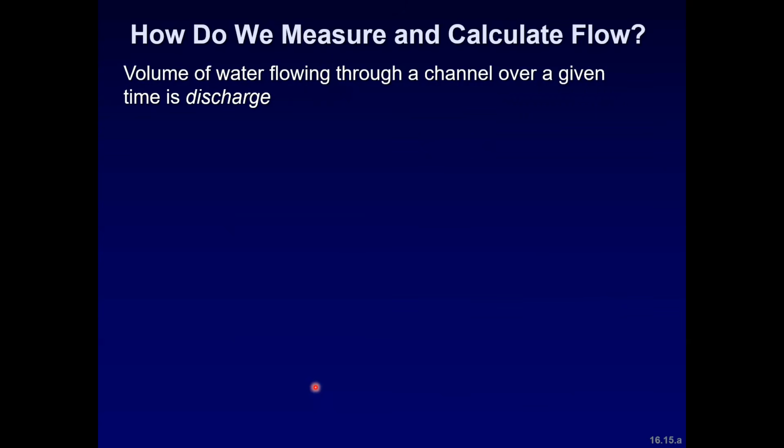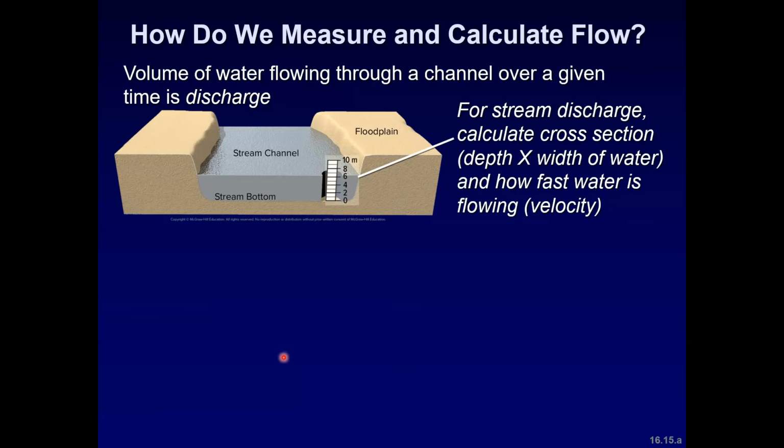So how do we measure and calculate flow? The volume of water flowing through a channel over a given time is discharge. We're looking at a stream cross-section here. For a stream discharge, you can calculate the cross-section, from the cross-section here, depth times width of water, and then how fast the water is flowing.